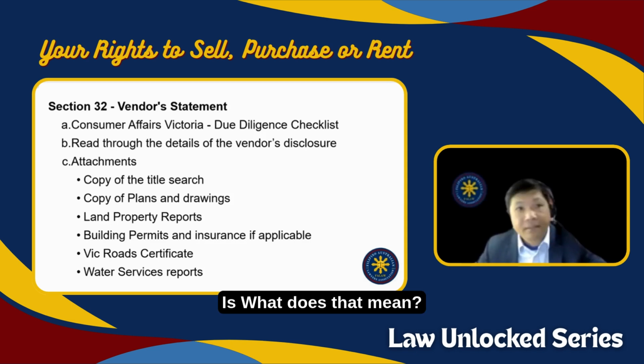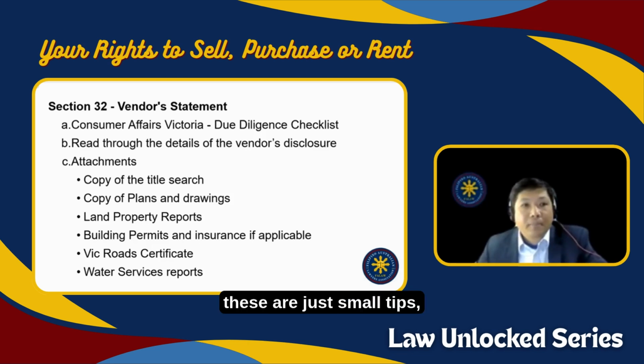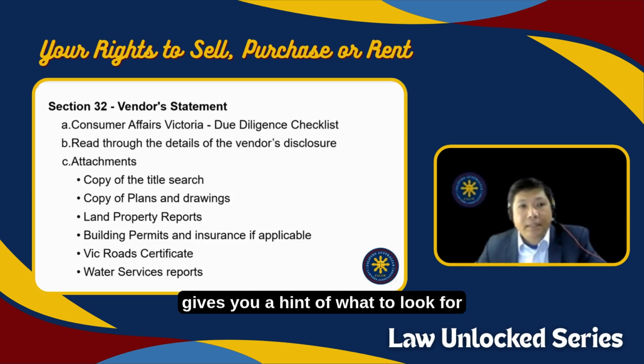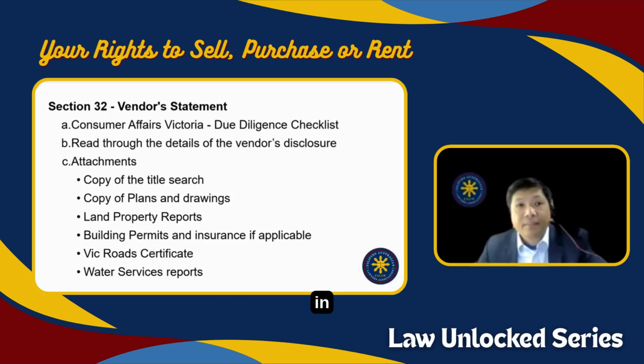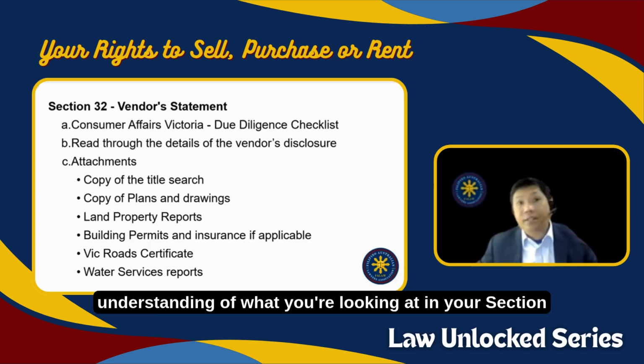What does that mean? Is there a flood and fire risk on that property? These are just small tips of information that give you a hint of what to look for in the vendor's statement, in your Section 32. So it gives you a little bit of an understanding of what you're looking at in your Section 32.